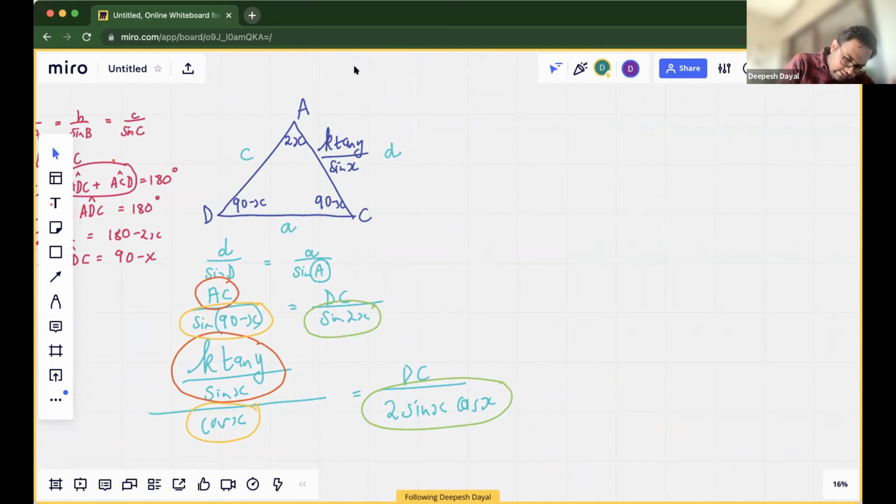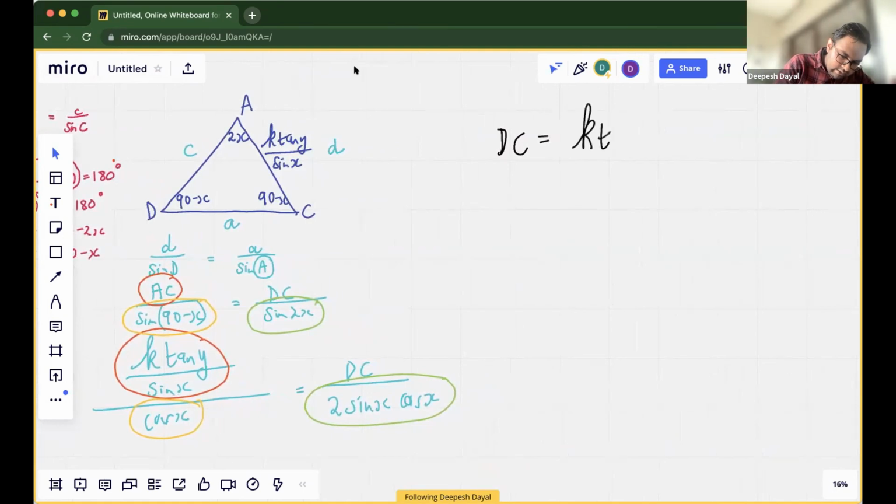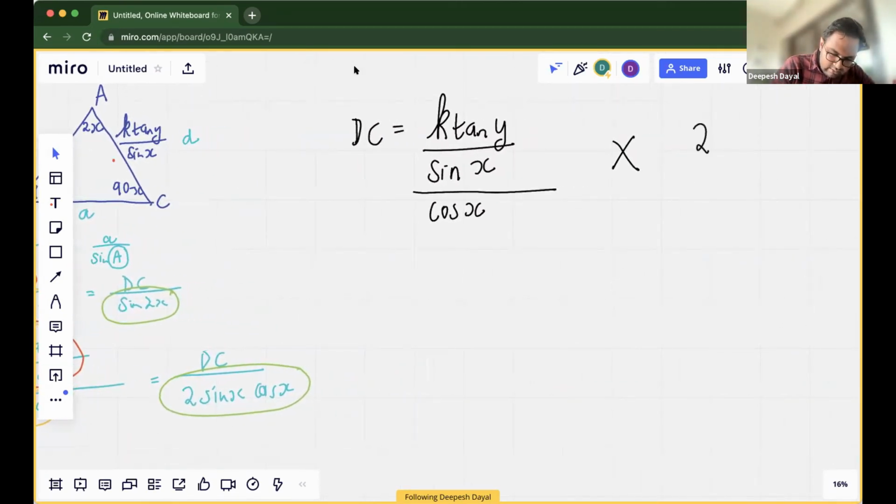So we're going to say DC equals K tan y over sine x, right? Over cos x times by 2 sine x cos x.